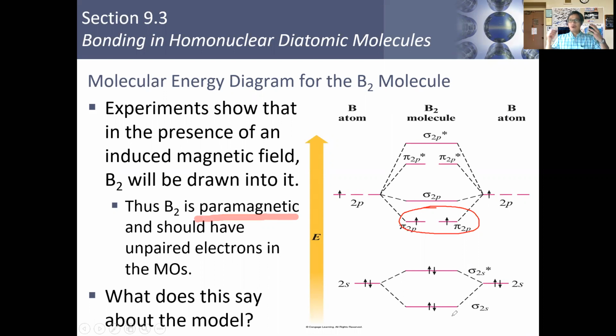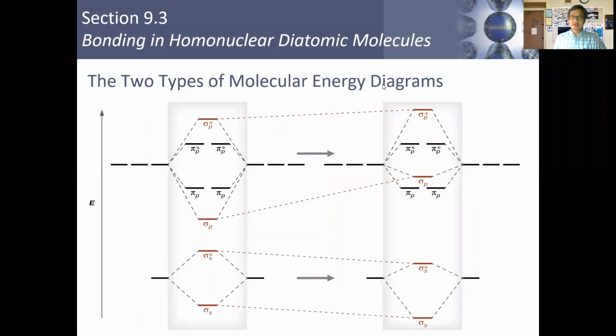Okay. All right, that's a whole lot to take in there, folks. So to sum things up for you with the molecular orbital theory, what I want you to understand is that there are two possible energy diagrams for the molecular orbitals, so two possible ways that we can align up the electrons.